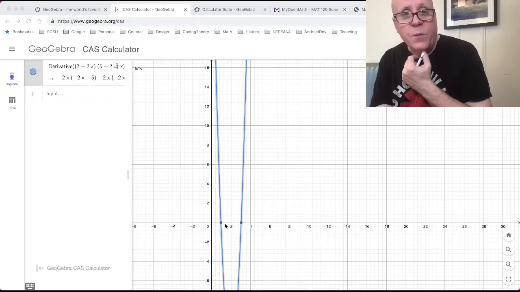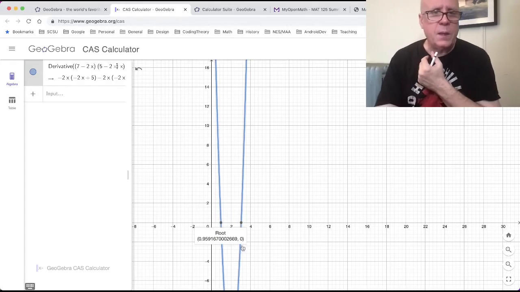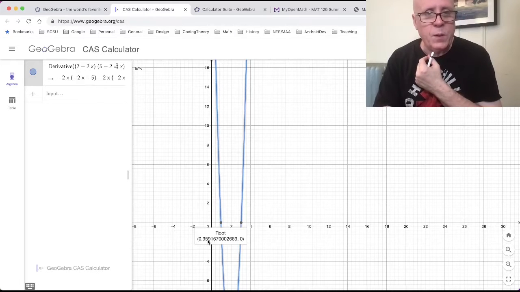Now, again, we have this range from 0 to 2.5 that we're concerned with. There's 2 zeros, but one of them is outside that range, and the other is right there. And remember that number we saw before, where the maximum occurred? Around 0.96, and that's it.